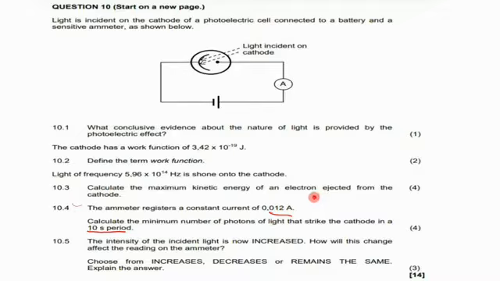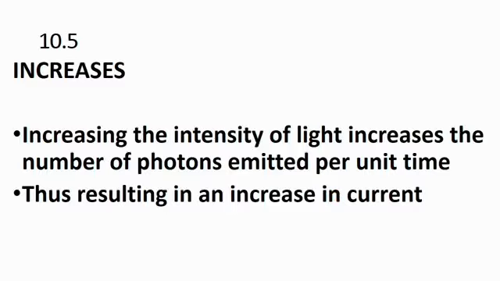So let's check. How are we going to calculate that? The first thing we have to do is make use of this formula in order to get the charge of the electrons. So we say I is equal to Q over change in T, right? What is our current?